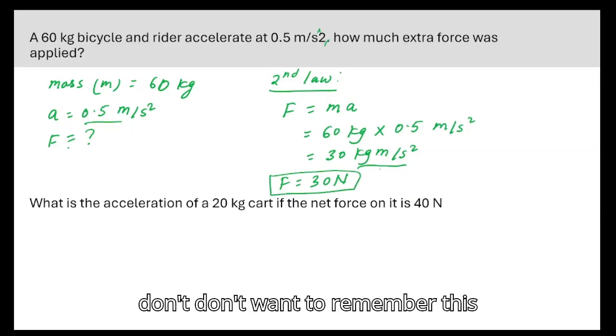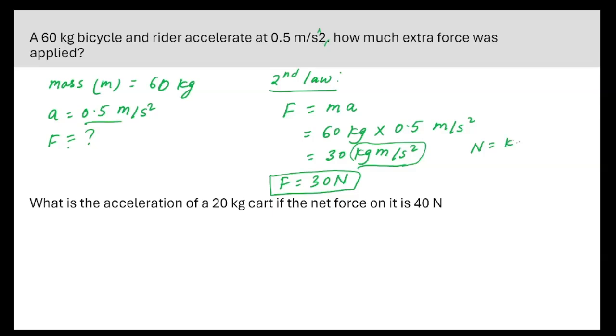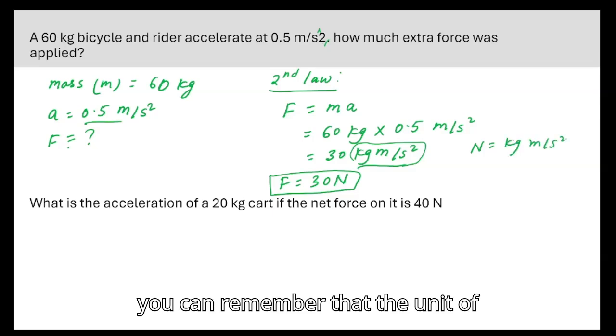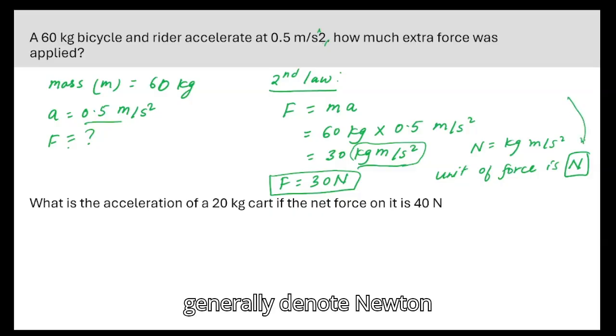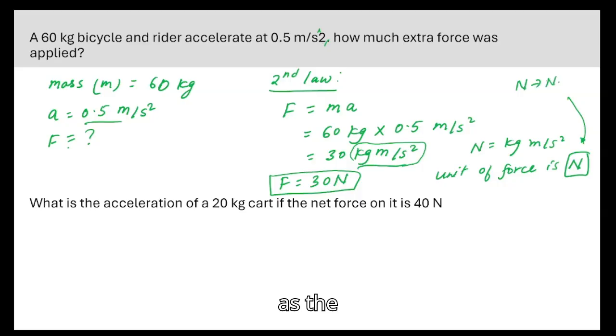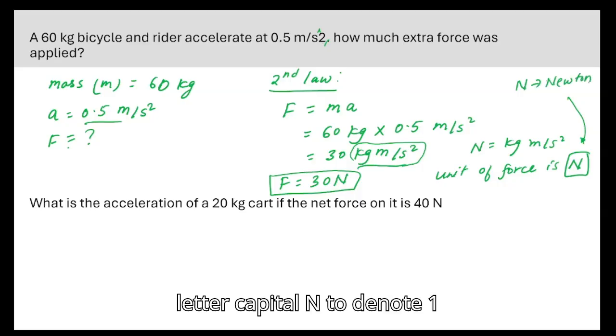So if you don't want to remember this, you can remember that the unit of force is Newton, and we generally denote Newton with the capital letter N to denote 1 Newton.